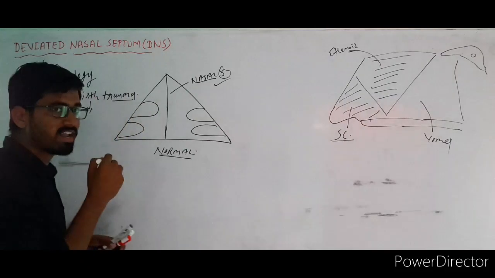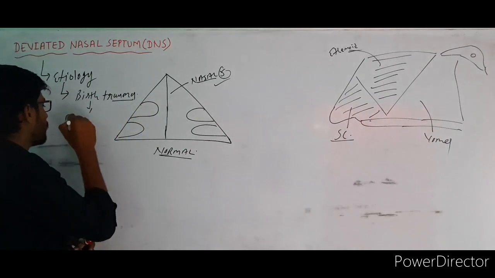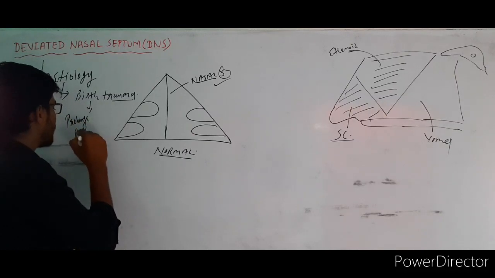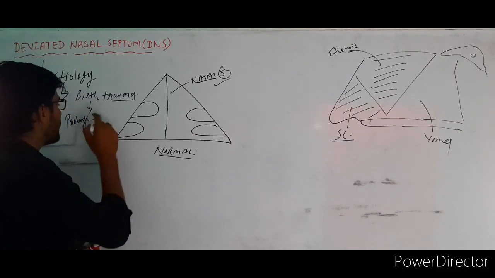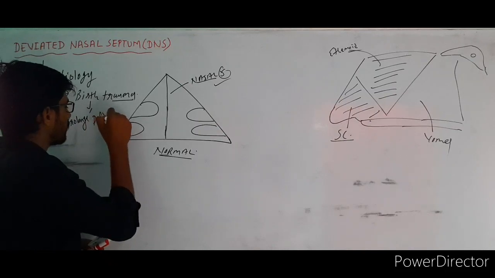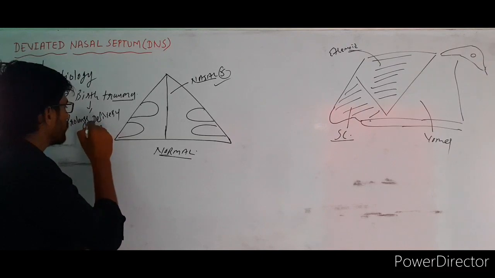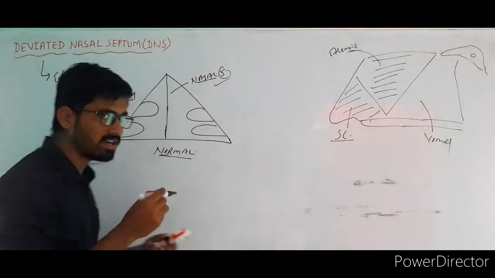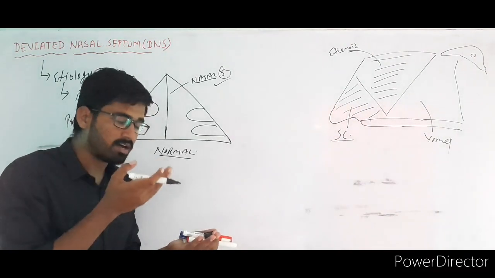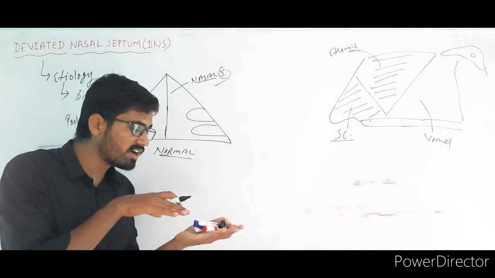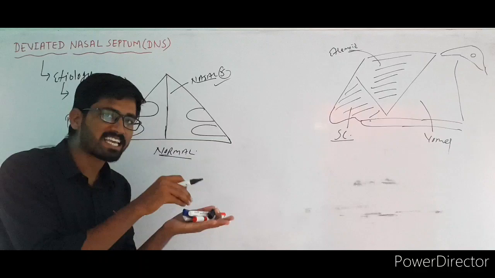When will birth trauma occur? With prolonged delivery time, not pregnancy time. With prolonged delivery time, what will happen? The nose of the baby gets compressed against the vaginal canal, right?